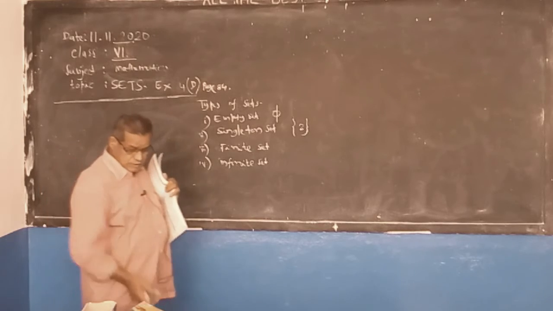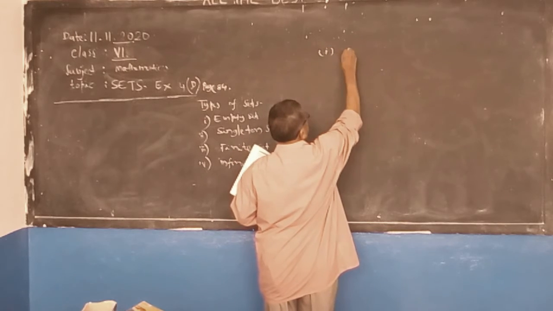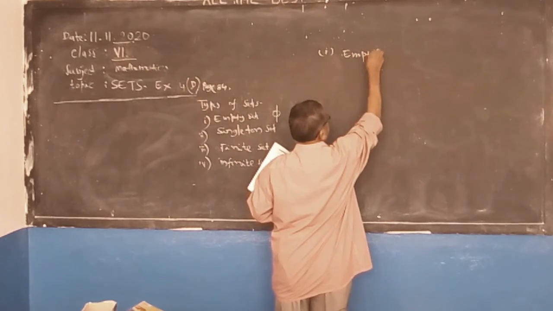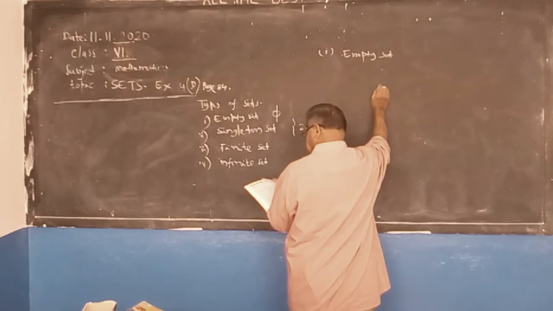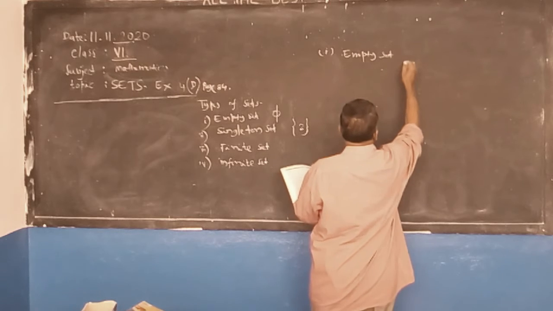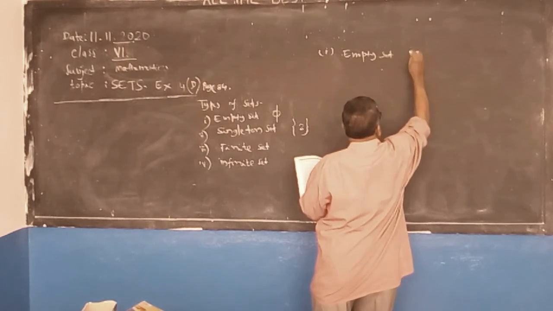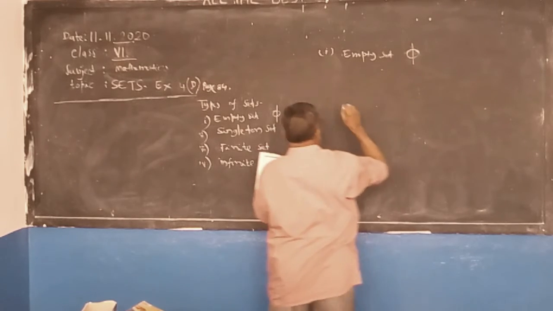First write down empty set. Symbol: draw a circle and cross.